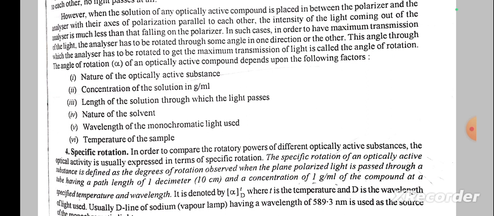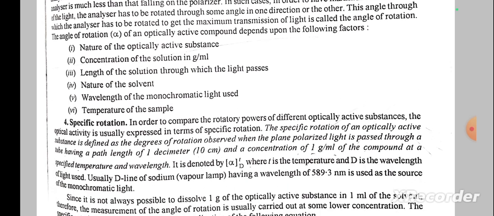The angle of rotation alpha of any optically active compound depends upon the following factors: nature of the optically active substance, concentration of the solution in grams per ml, length of the solution through which the light is passing, nature of the solvent, wavelength of the monochromatic light used, and temperature of the sample.